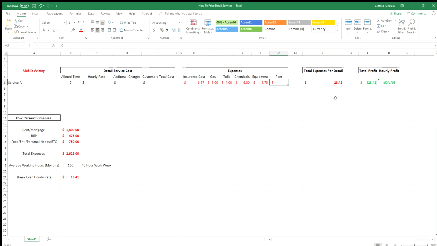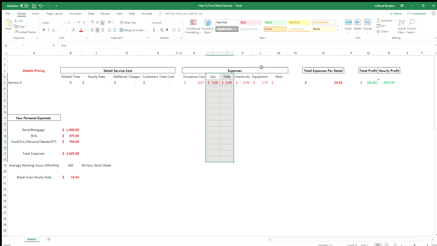Now, this next column you're going to see is rent. And obviously, as a mobile detailer, for the most part, we're not going to have rent. But the reason I put this here is if you have a fixed location, right, you're going to have insurance costs. You may not have gas and tolls in here, but you will have chemicals and equipment. But your rent is something you can focus on. So all your utilities, the cost of renting that facility, you can add that up.